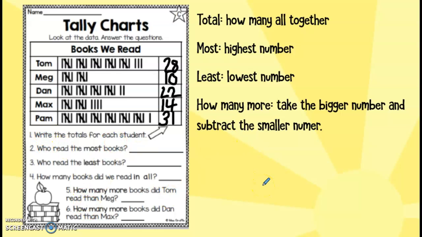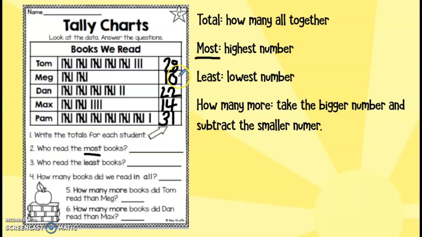So looking closer at that information. Number 1 says write the totals for each student. Well, we just did that. It has an arrow pointing up and we filled in all of those places. Number 2 says who reads the most books. I'm going to underline the word most here. Most means the highest number.